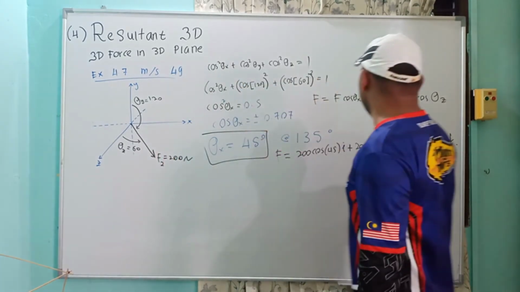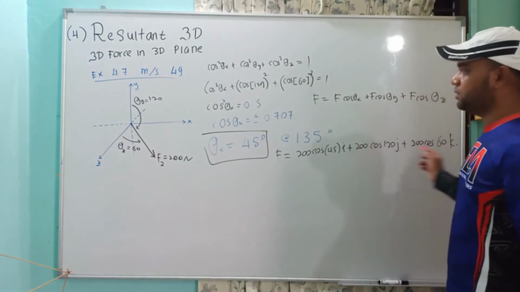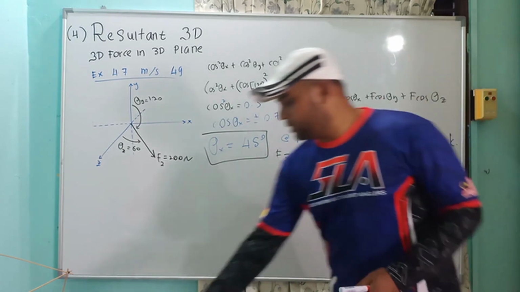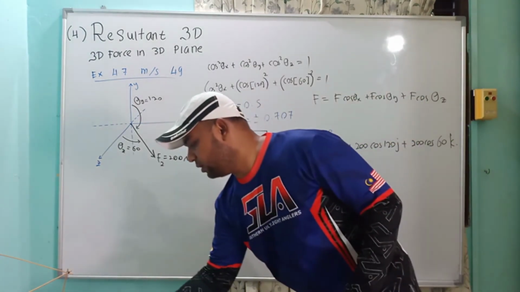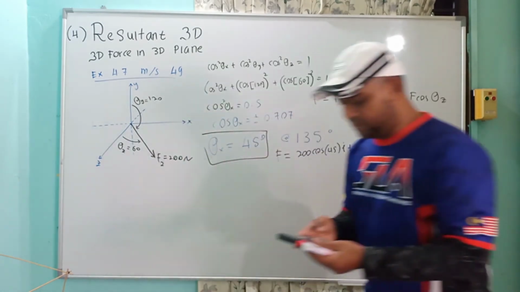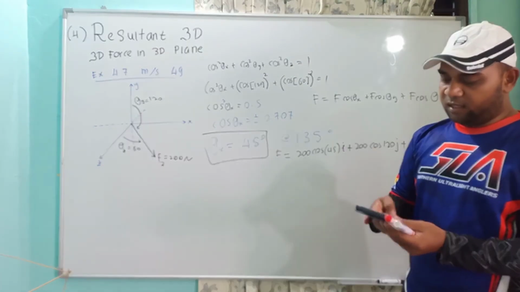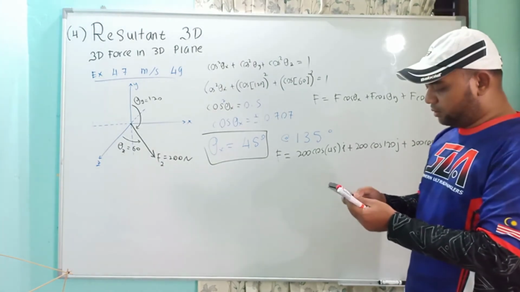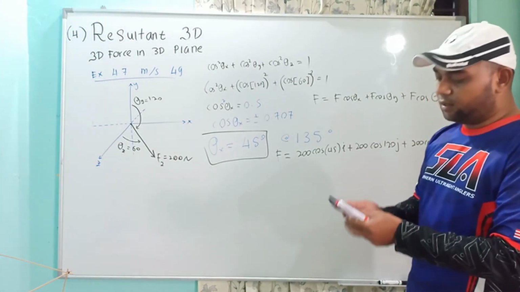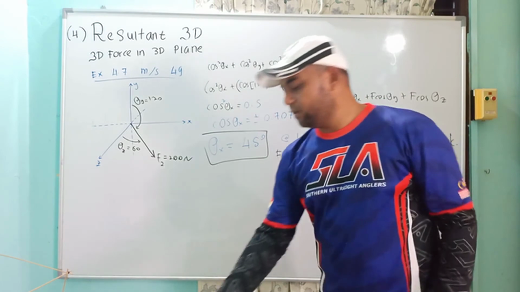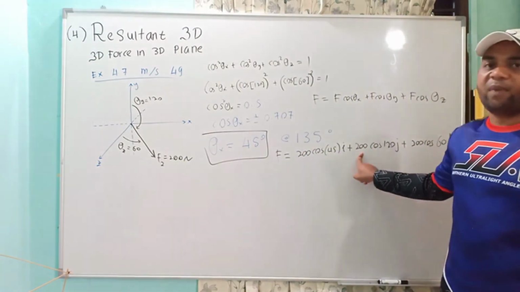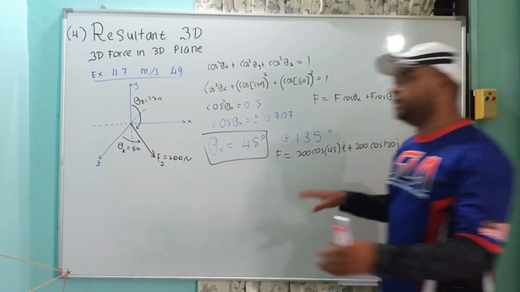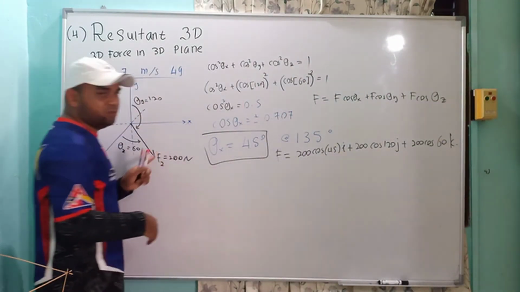From the figure you cannot see what is positive or negative, so you have to double check. If you take cos 120, you already get the negative value. But if you're confused, you have to go back to the figure.